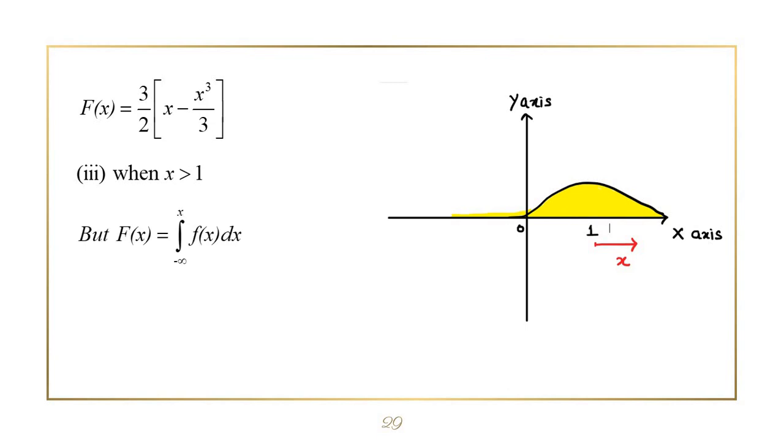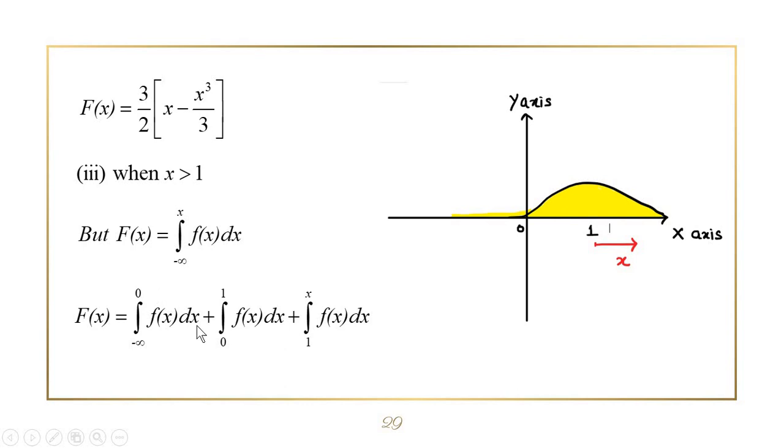You know that capital F of x is this definition, where the upper limit x is greater than 1. So we are going to split this into 3 intervals: minus infinity to 0, 0 to 1 and 1 to x. Within minus infinity to 0, our f of x is 0. Within 0 to 1, our f of x is 3 by 2 into 1 minus x square. Within 1 to x, our f of x is 0.